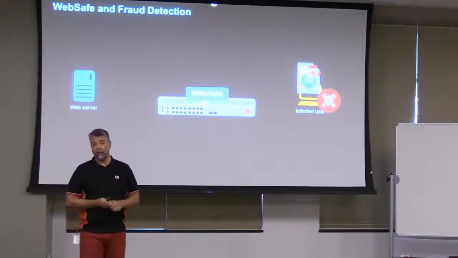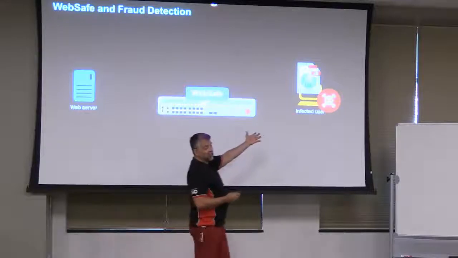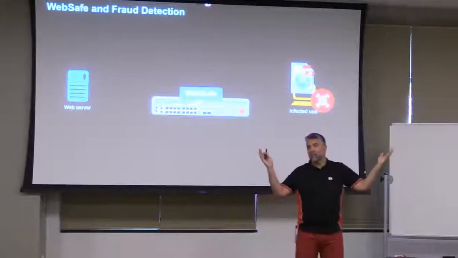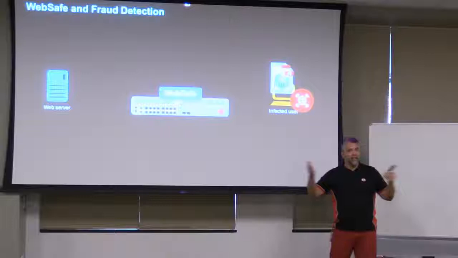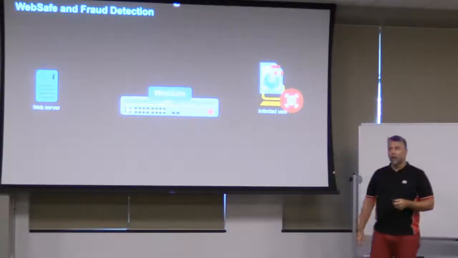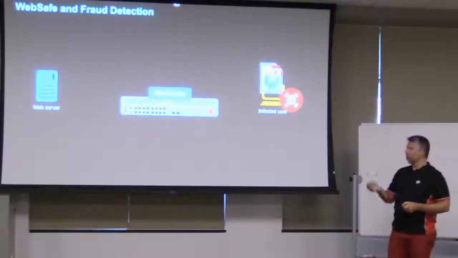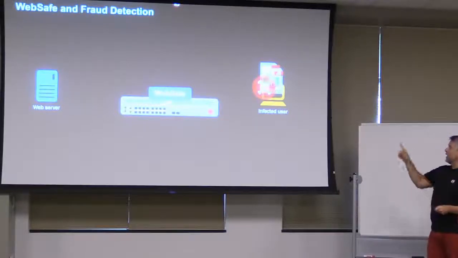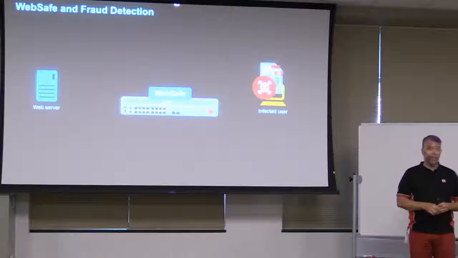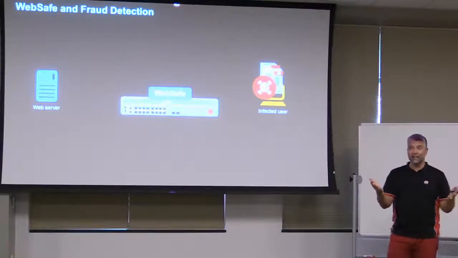And in normal circumstances, if this is a non-infected user, nothing's going to happen. Everything's going to go just fine. They can log in and everything's hunky-dory. What that JavaScript code is there for is a very specific reason. It's looking to see if something tries to manipulate that page, much like you just did in your last exercise.